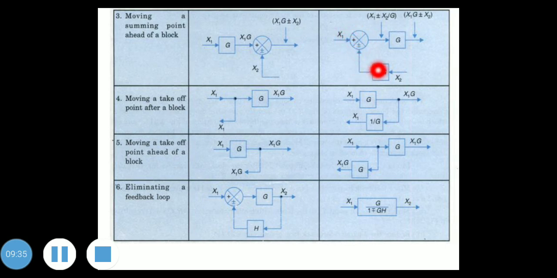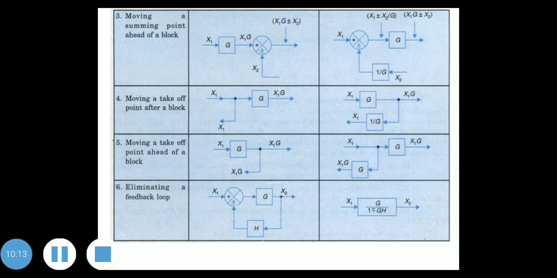This is 1 by G and G. So when we shift this summing point ahead of a block, it comes here. Then we have to add a block in series with x2, and the gain of that block is the reciprocal of the block which we are going to use in the series path. So it is 1 by G. Is it clear?